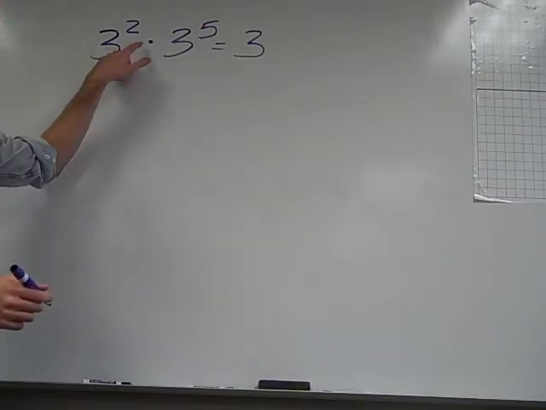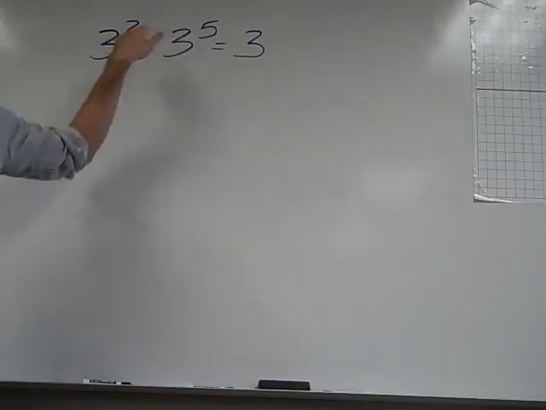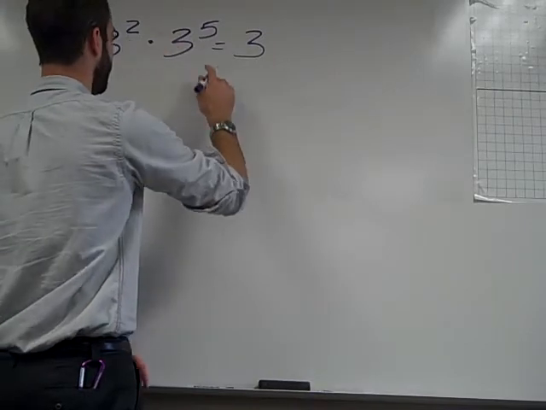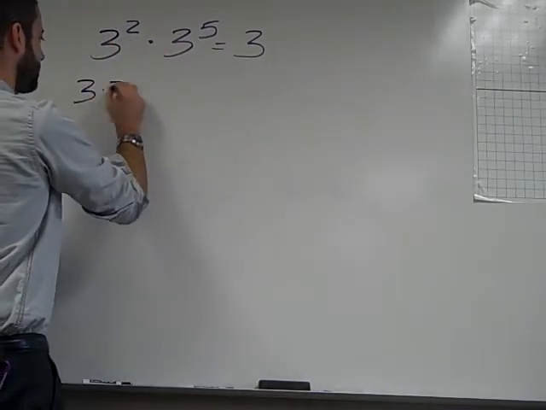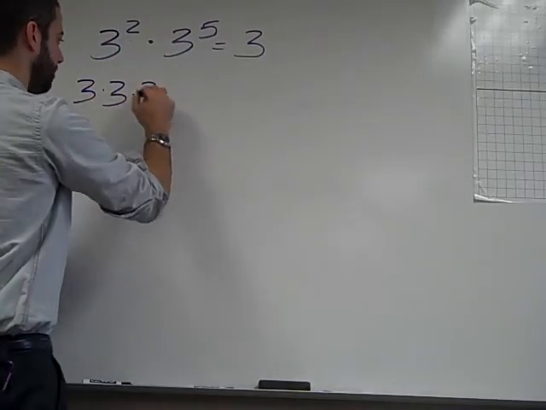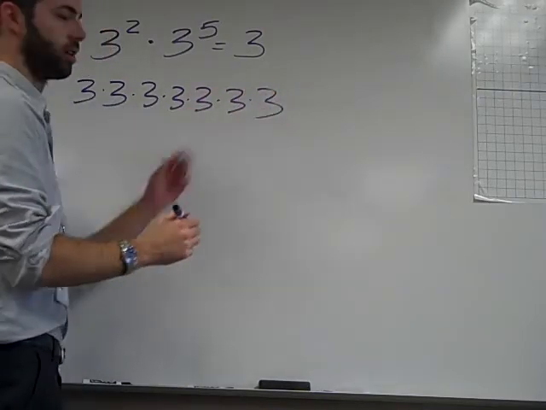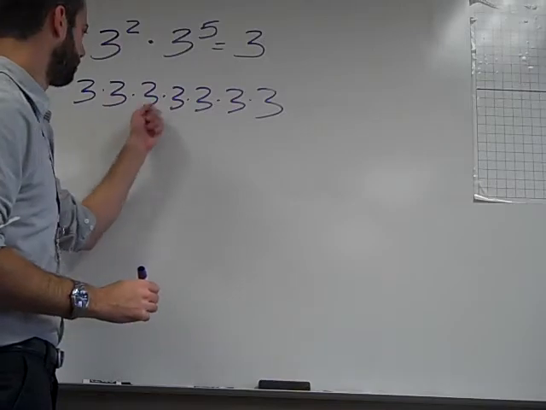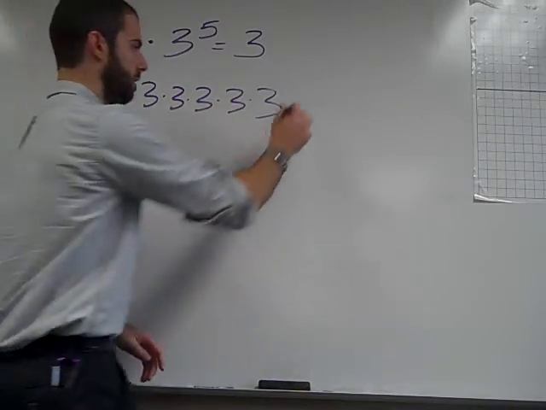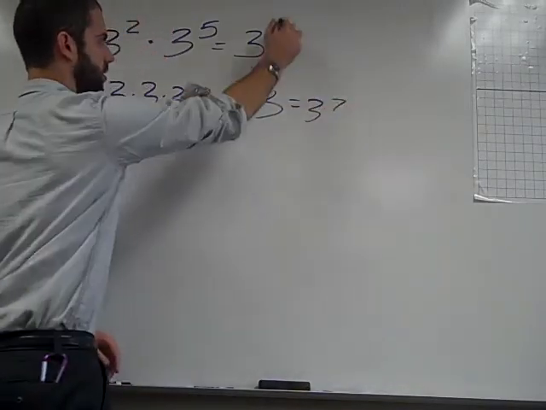And basically, when I multiply, I add my exponents together. So this is 3 times 3 times 3 times 3 times 3 times 3 times 3. How many 3's do I have? 1, 2, 3, 4, 5, 6, 7. That's 3 to the 7th.